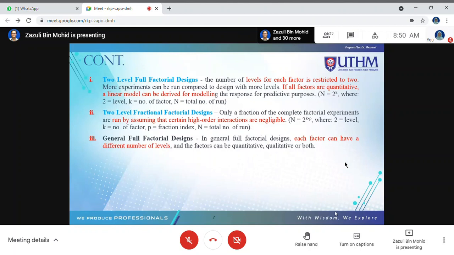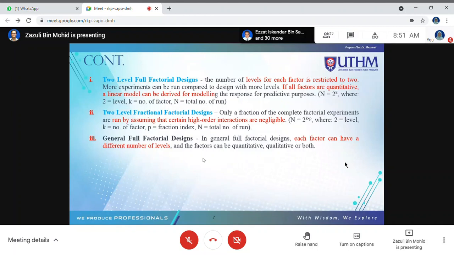In general, most students are using general full factorial design without knowing that they are using this design. General full factorial design is a design where each factor can have a different number of levels. And the factor can be quantitative, qualitative, or both.